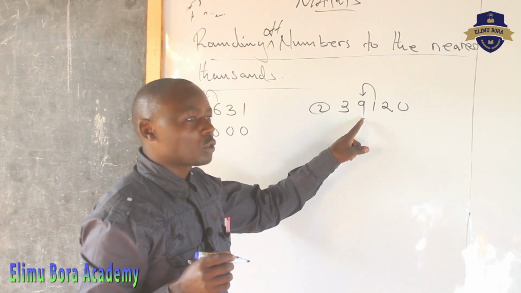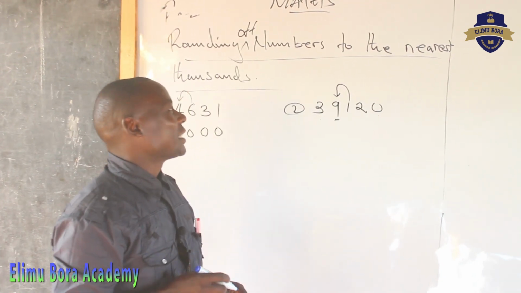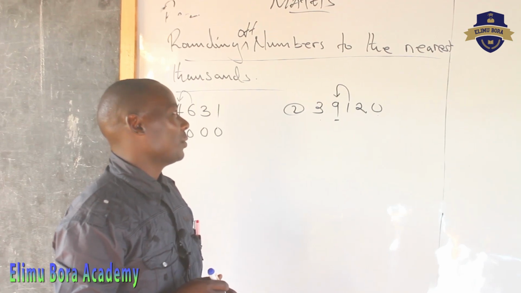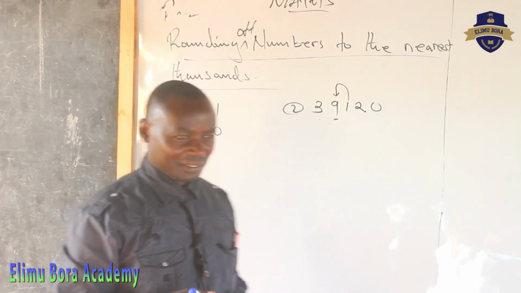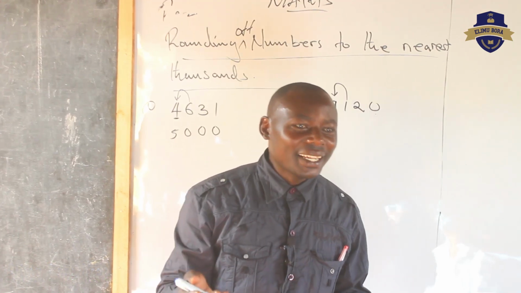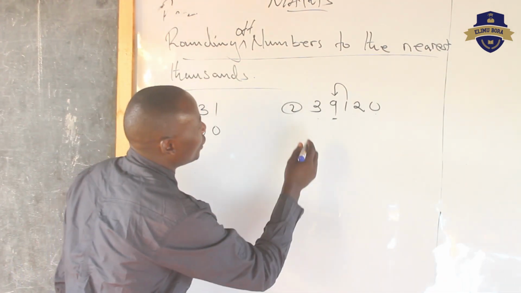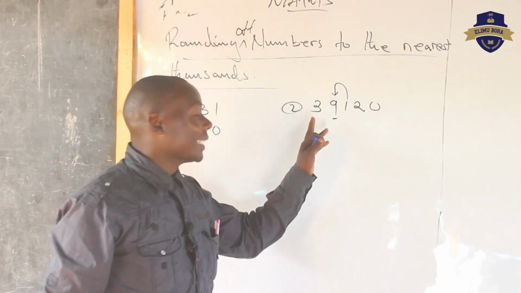If 1 is less than 5, what is the case? It remains the way it is. So our numbers should remain what? We have not interfered with 3.